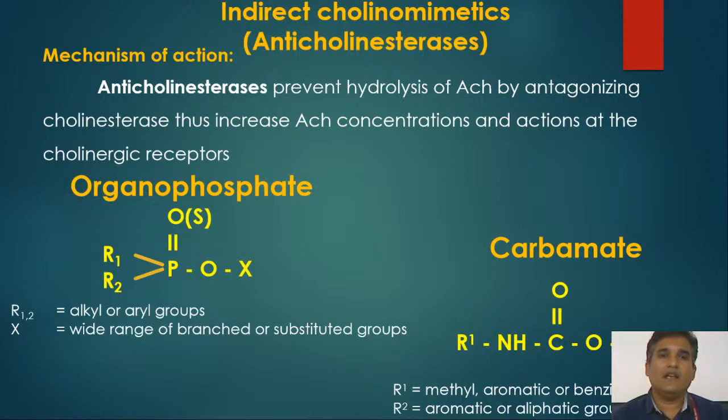That is why they are indirect cholinomimetics, because they do not directly bind to the cholinergic receptor. They increase the concentration of acetylcholine by inhibiting its degradation, so we can say they are indirectly acting cholinomimetics.